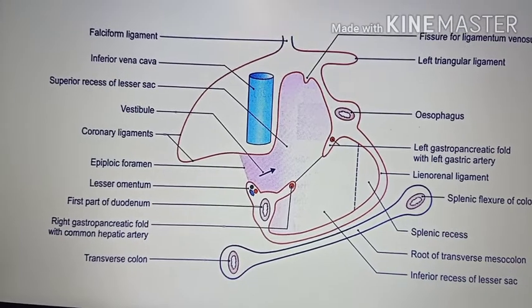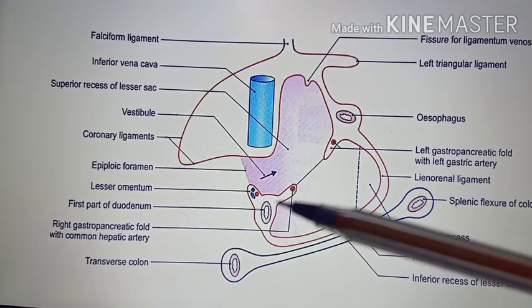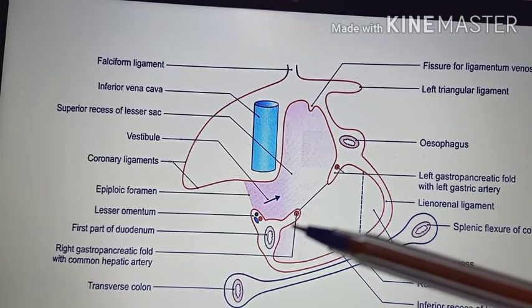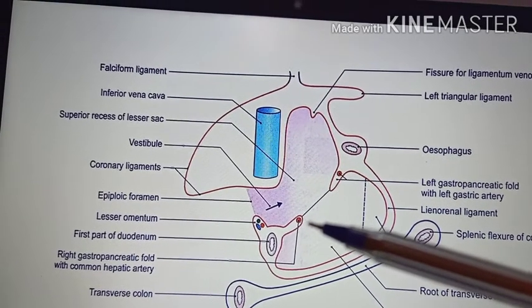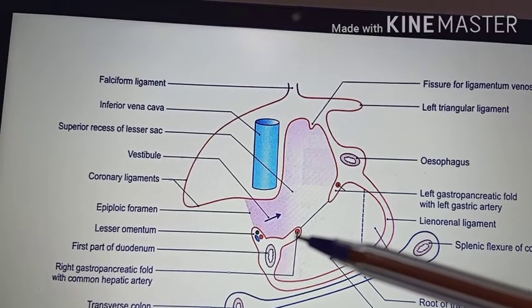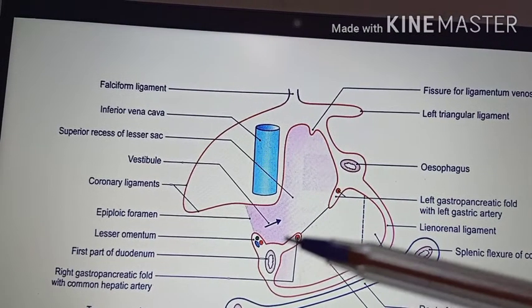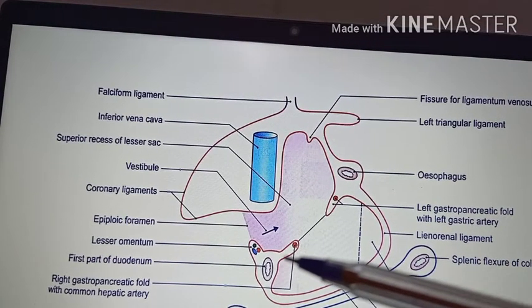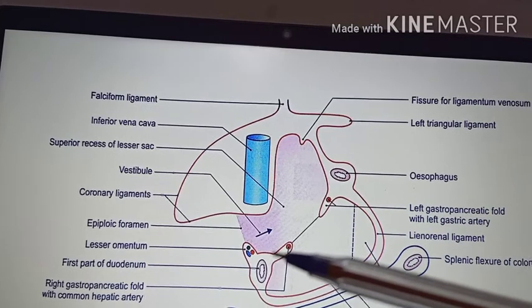So in this region, just concentrate on the downward and forward course of the common hepatic artery. It raises a sickle shaped fold of peritoneum from the posterior wall, and this is known as the right gastropancreatic fold.